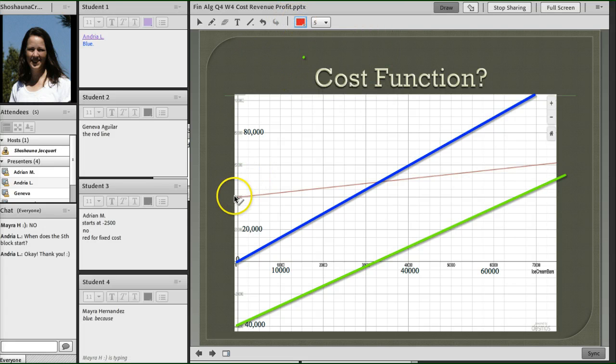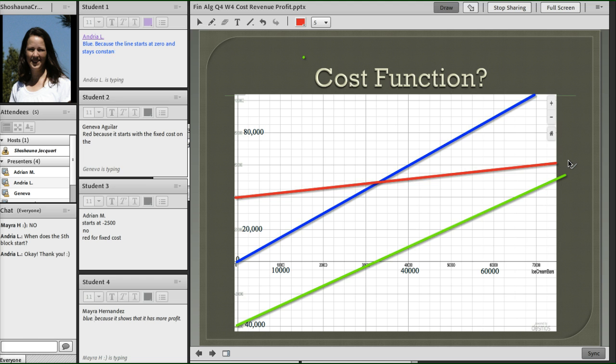Why did you pick the red or the blue line? Oh, I totally screwed up on something.